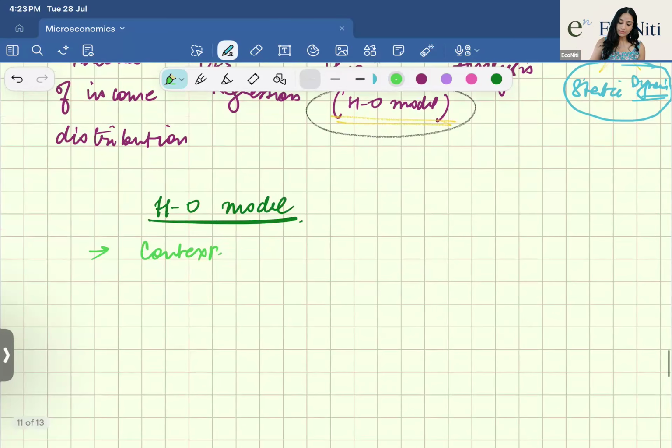Then second thing, any model you're going to do assumptions, and while you're doing so you should know all the assumptions.